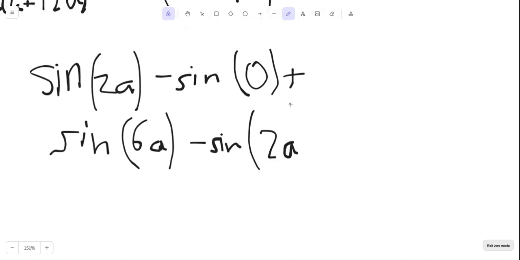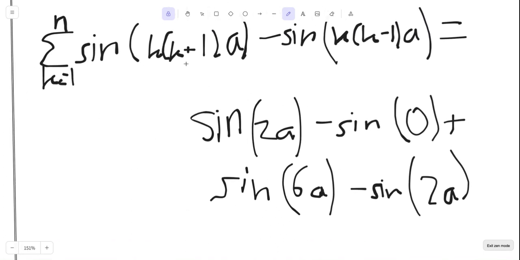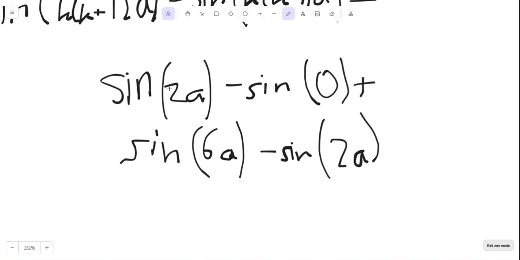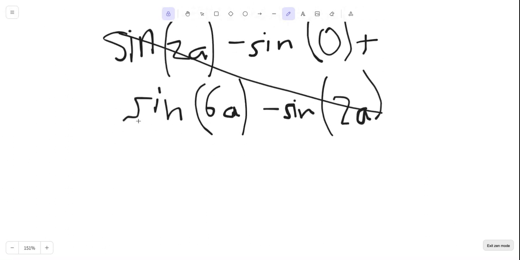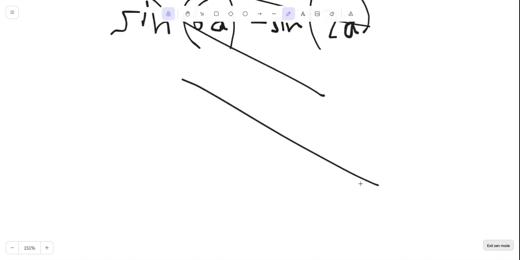Since you increase k by 1, it would be the first term of the last sum, and since you're subtracting, it's going to cancel. This is also going to cancel, and so on.